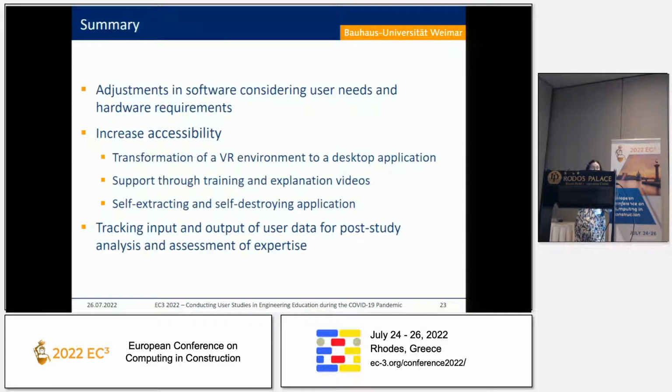In order to even more support the users, we had some additional explanatory videos and training videos, and to make it easy to use, we packed it in a self-extracting and self-destroying manner.